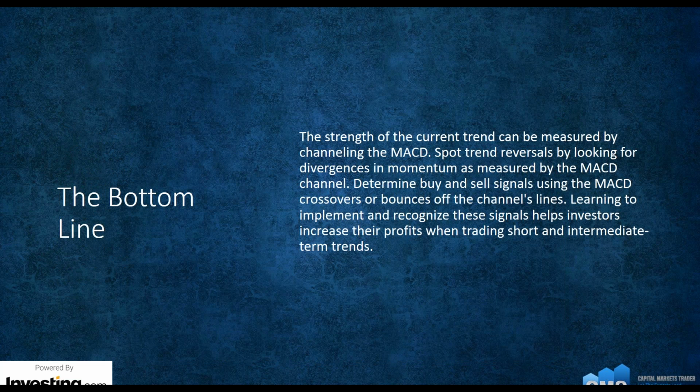Spot trend reversals by looking for divergence in momentum as measured by the MACD channel. That's simply putting an uptrend and a downtrend line on the MACD chart. Determine buy and sell signals using MACD crossovers and bounces off the channel line. Learning to implement and recognize these different signals helps investors increase their profits when trading short and intermediate term trends.